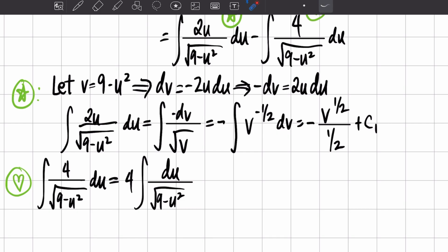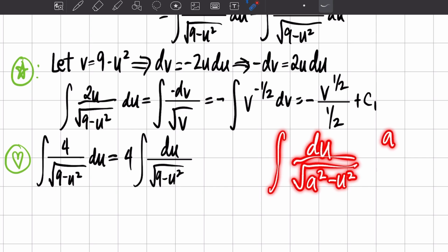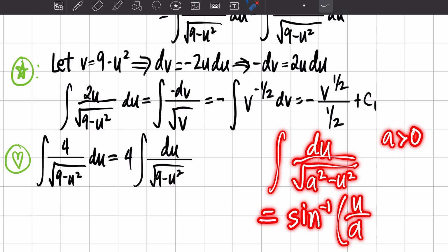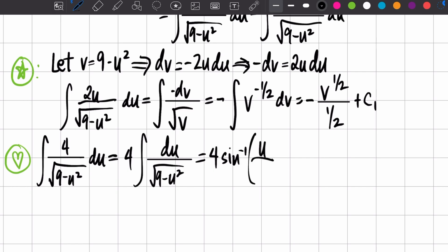And if you will recall, if you have an integral of this form, integral of du all over the square root of a squared minus u squared, where a is greater than 0, then the integral of this one is just sine inverse of u over a plus c. So following that one, what we have is 4 times sine inverse of u all over a.